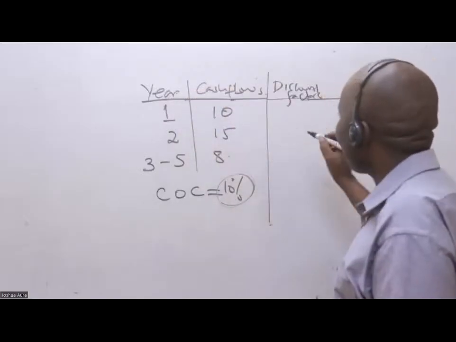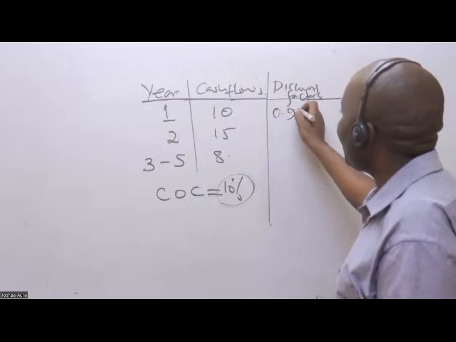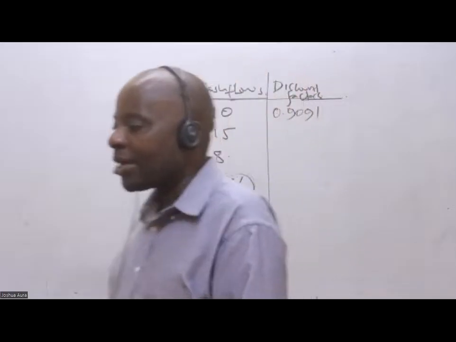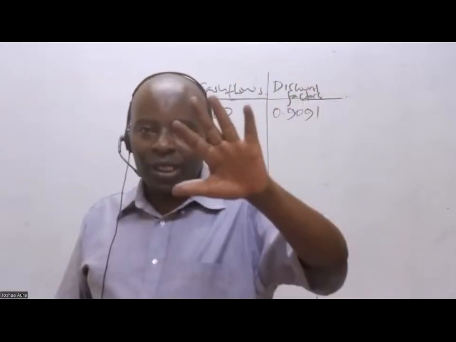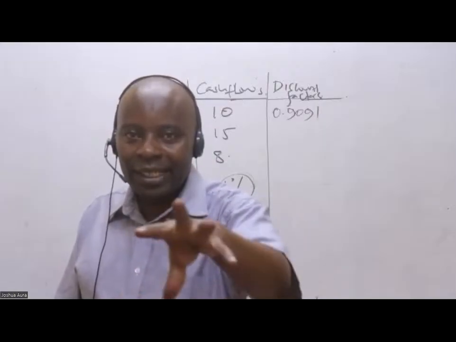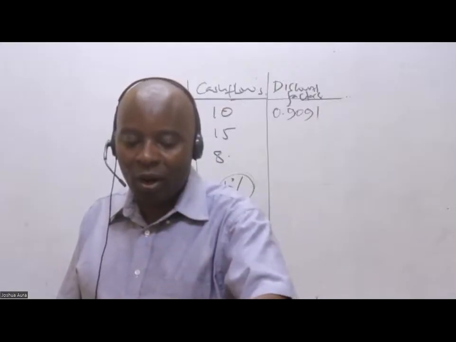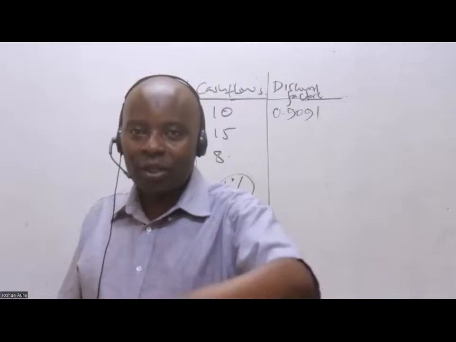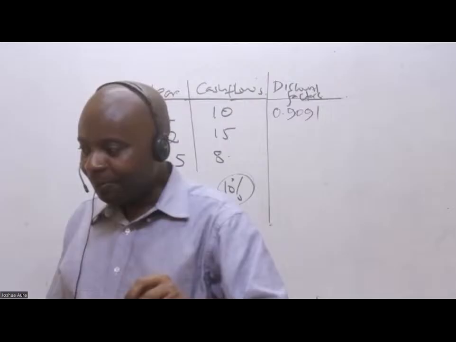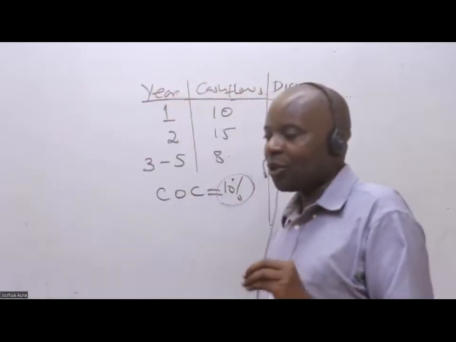They are telling me it's 0.9091. Is there somebody who is not able to see from that table? It's given there. I've even sent one past paper, which has those tables at the back. So 0.9091, thank you so much.